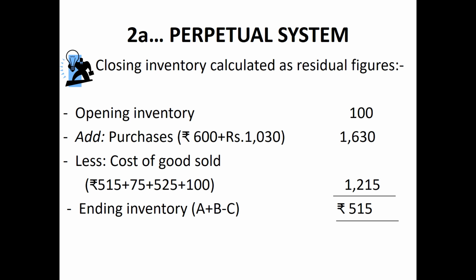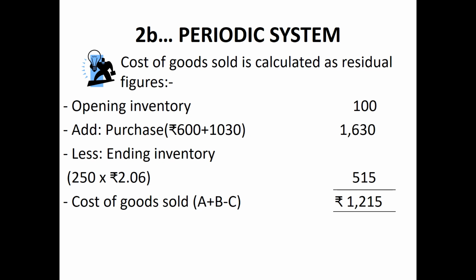For example, our opening inventory is 100, the purchases are 1630, and cost of goods sold is that amount, and ending inventory is 515. The periodic system is almost the same, only what we do in the ending inventory is different, and also the cost of goods sold is more.